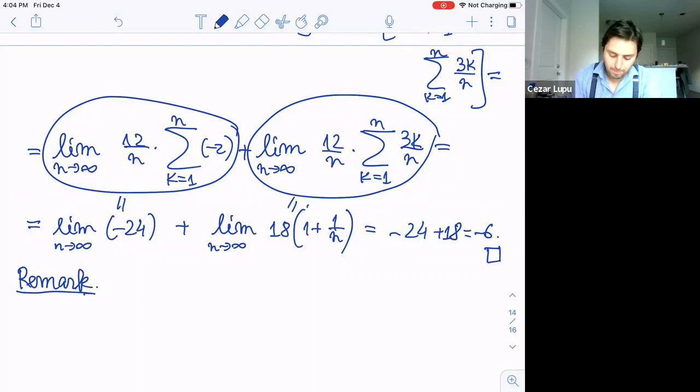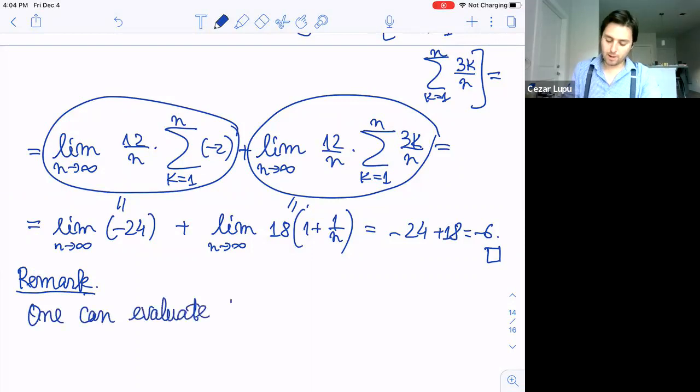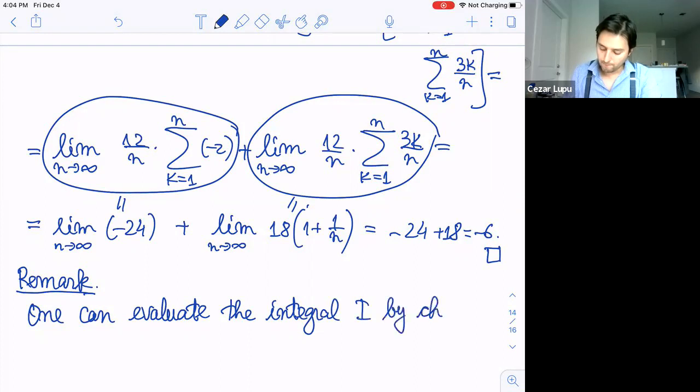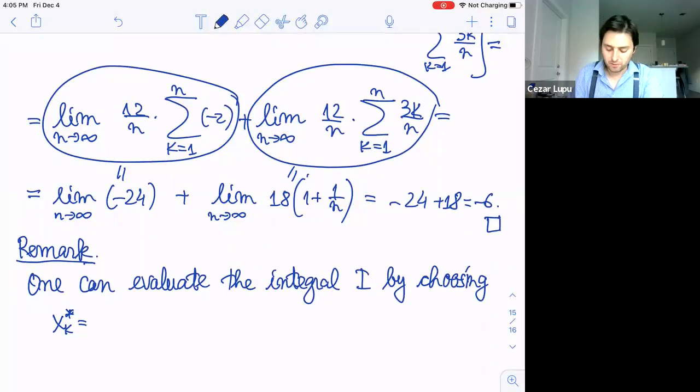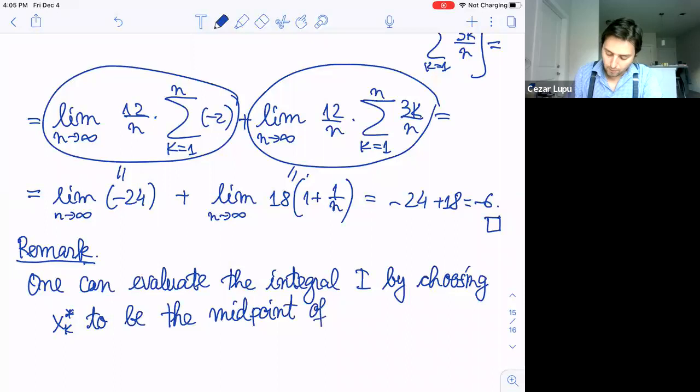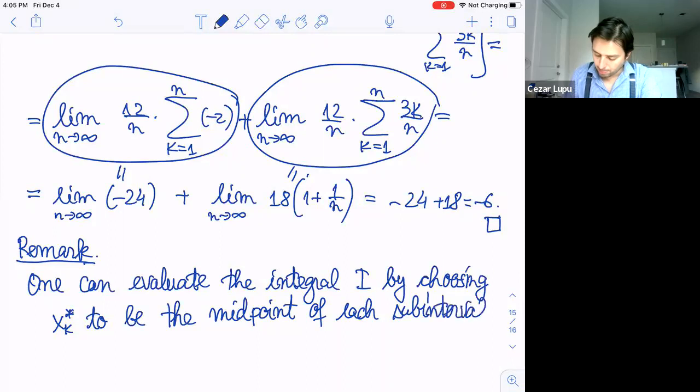So one can evaluate the integral I by choosing x_k star to be the midpoint of each subinterval.